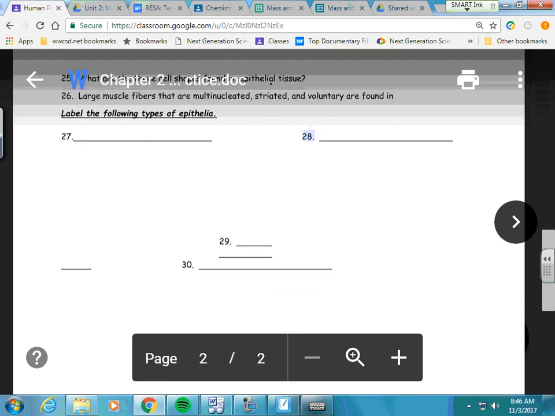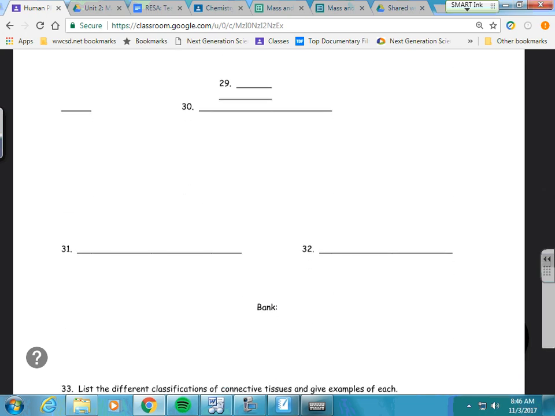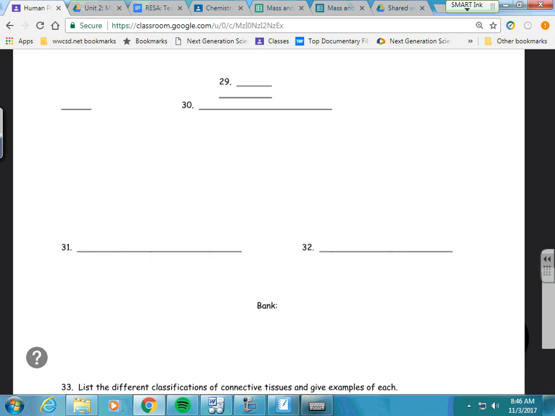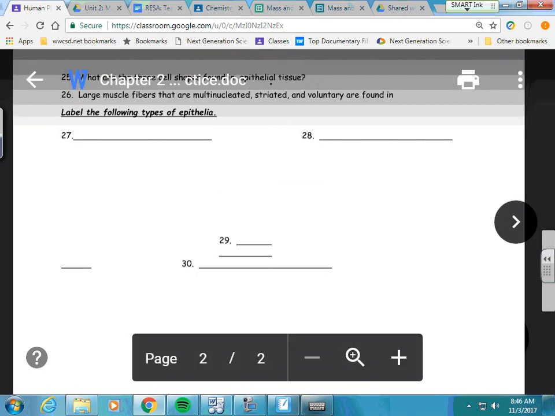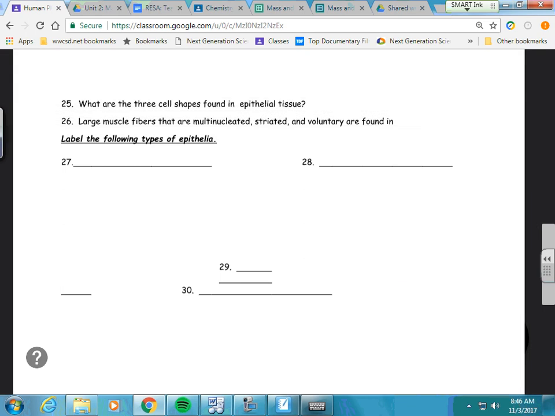All right, so we have to label some different types of epithelial, and apparently my diagrams aren't on here. Interesting. Okay, so I'm just going to say what they are.